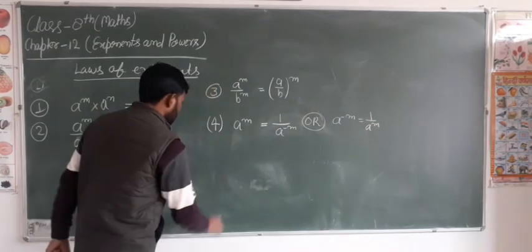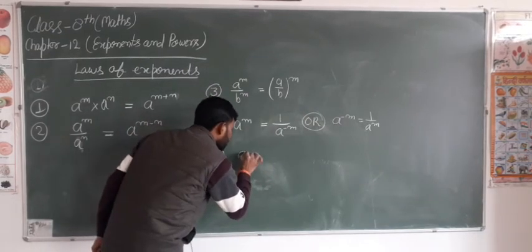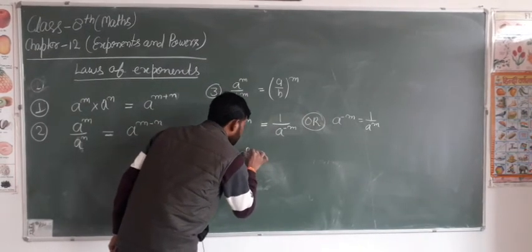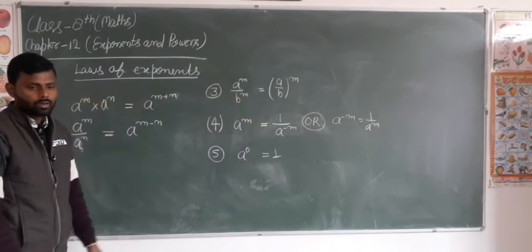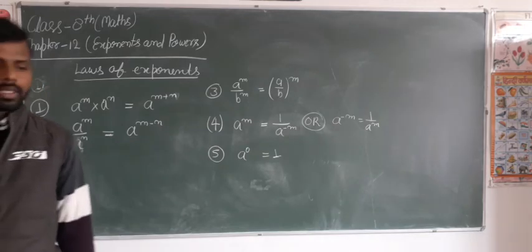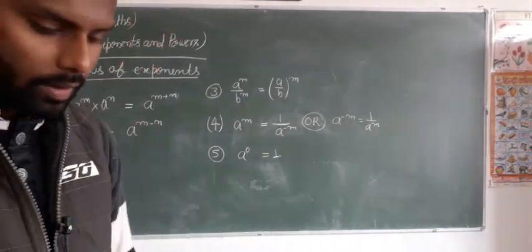Law number fifth: a power 0 is equal to 1. Okay.